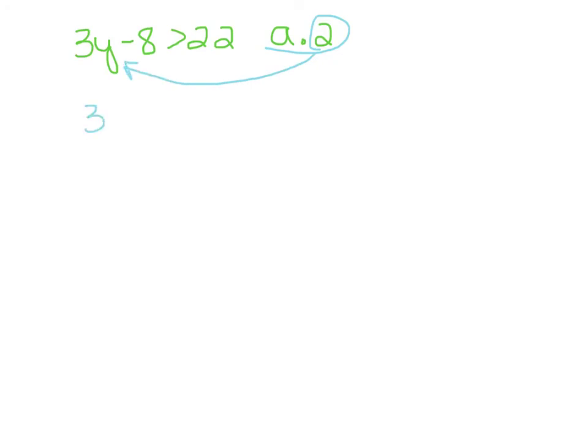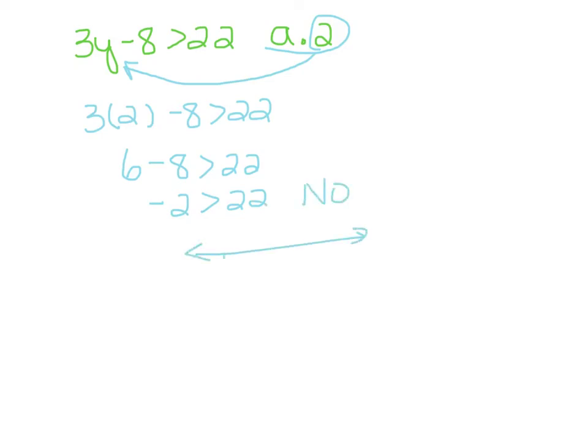So it's going to be 3 parentheses 2 minus 8 is greater than 22. 6 minus 8 is greater than 22. Negative 2 is greater than 22. And the answer is no. Again, we can look on a number line. Negative 2 is here. Negative 22 is clear down here. So 22 is further to the right, which means that it is bigger.